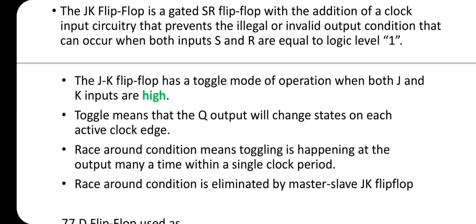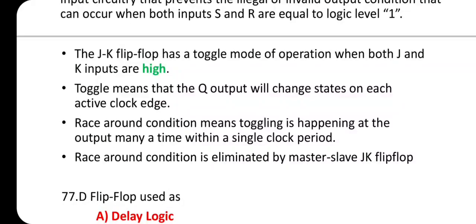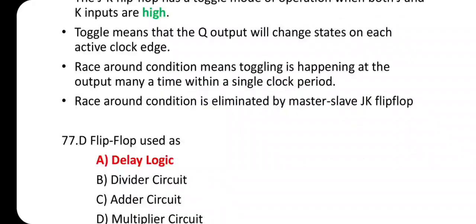The JK flip-flop has a toggle mode of operation when both J and K inputs are high. Toggle means that the Q output will change states on each active clock edge. Race around condition means toggling is happening at the output many times within a single clock period. Race around condition is eliminated by master-slave JK flip-flop.